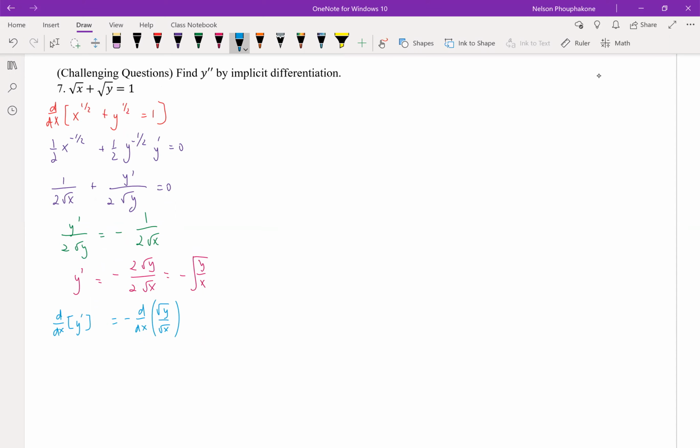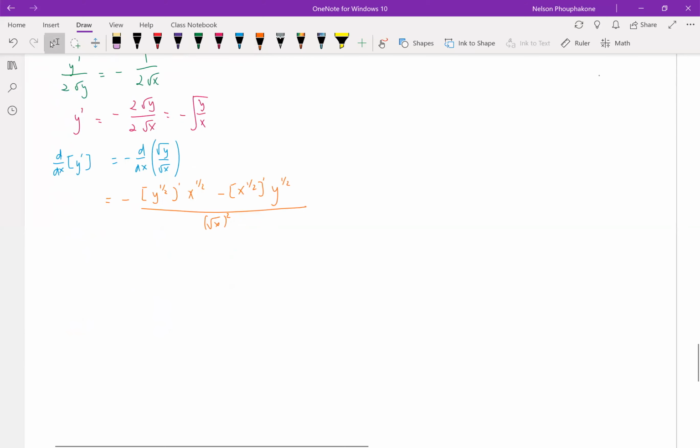Then I will have negative of the derivative of y to the 1/2 times x to the 1/2 minus the derivative of x to the 1/2 times y to the 1/2 all over square root of x squared.